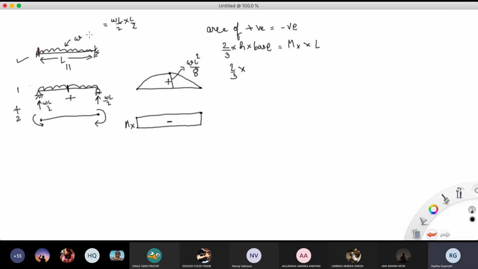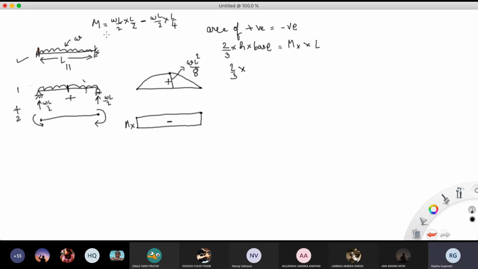I'm trying to find out what is the maximum bending moment at the center. So this is the reaction, WL by 2 into L by 2. And then you have another load, the total UDL that is acting in the downward direction, right? Which is WL by 2 into L by 4.